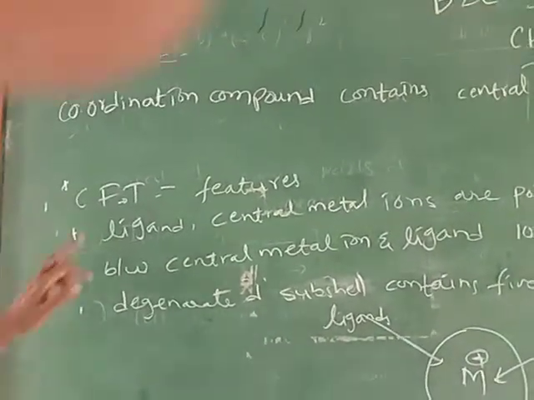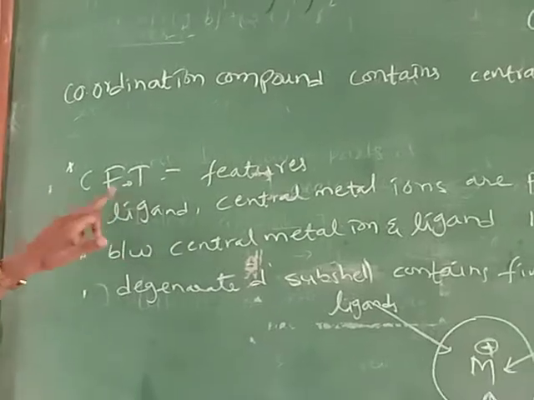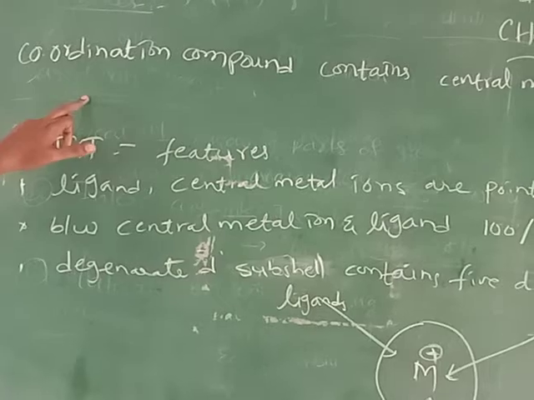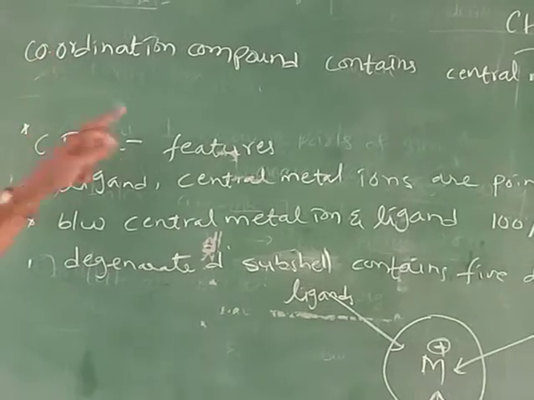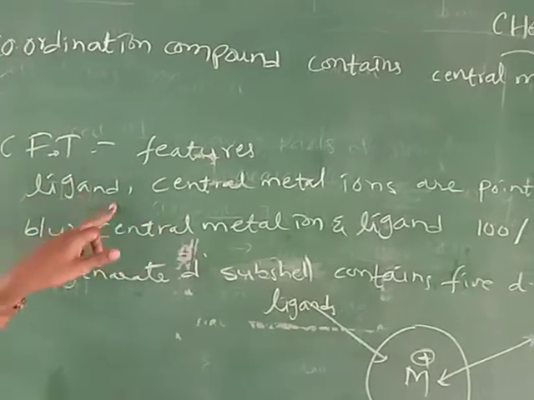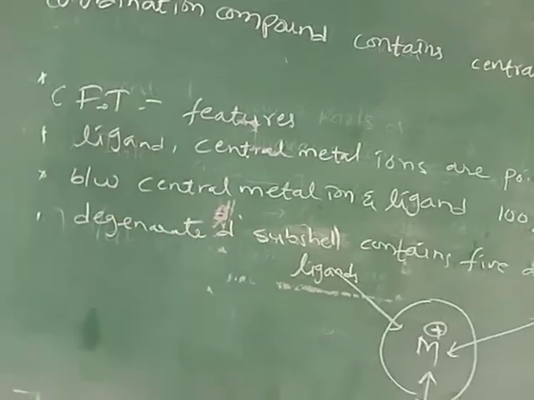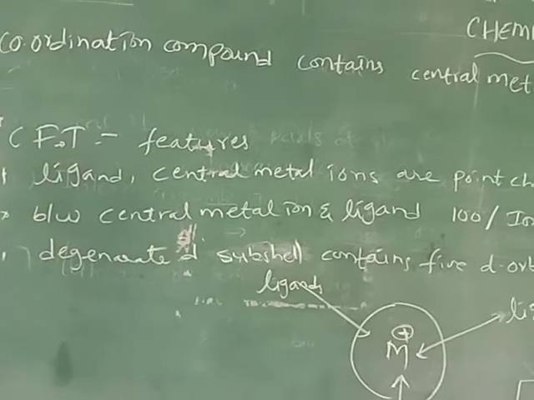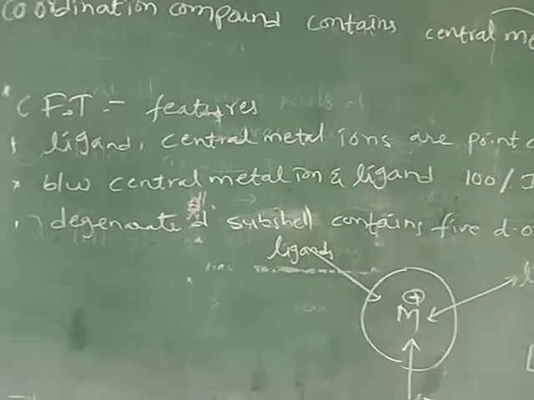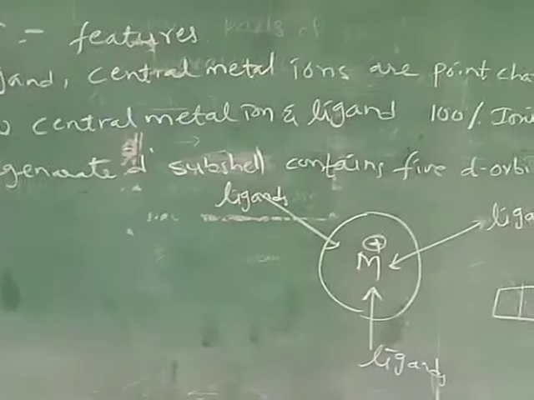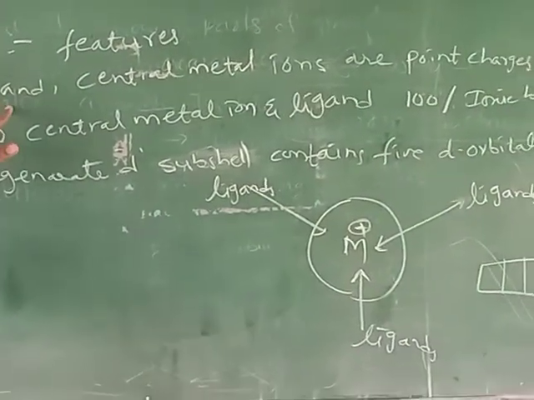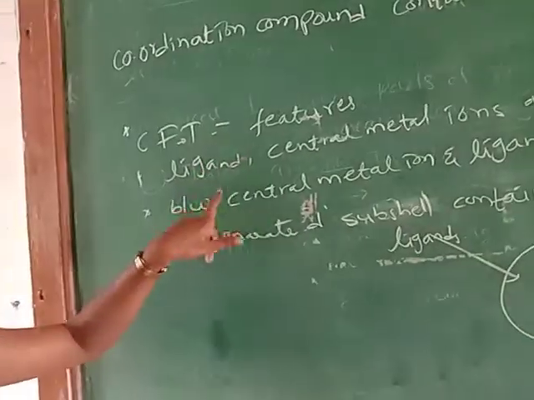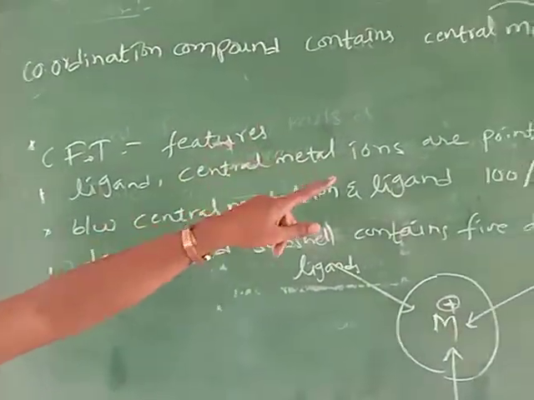According to crystal field theory, the coordination compound contains central metal ion and ligand, and they are point charges because they have charge. A metal can easily lose electrons to attain stability, so it contains positive charge. The ligand is donating electrons, so it contains negative charge.